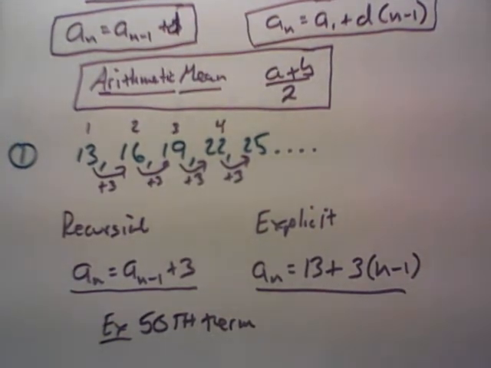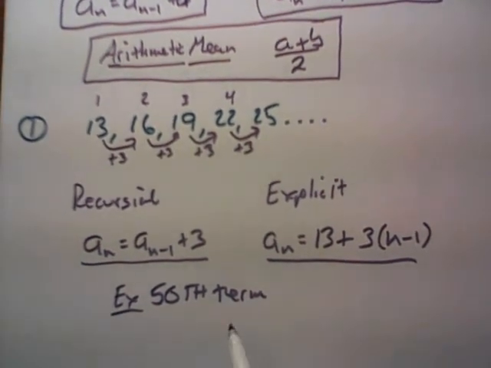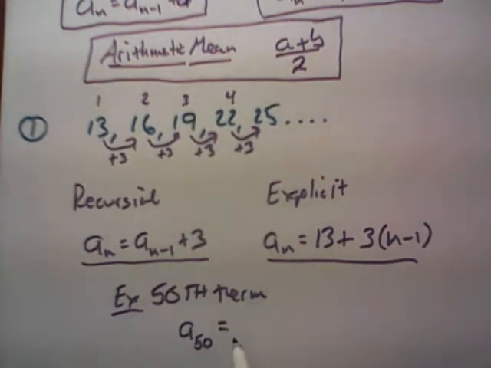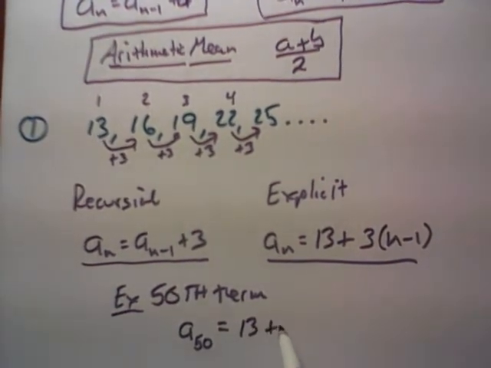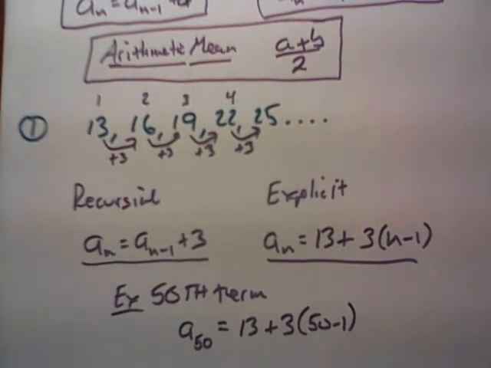So without a spreadsheet to go through this, we're going to use the explicit formula here. And if we want to find the 50th term, that means that n is going to be 50. So the question would be, can we find a sub 50, which is the 50th term? Well, to do that, it's going to be 13 plus 3, 50 minus 1 number of times.